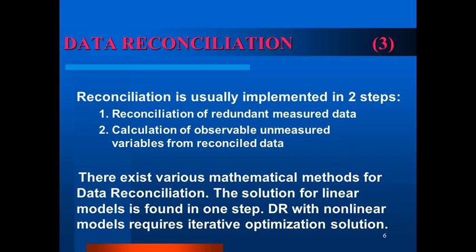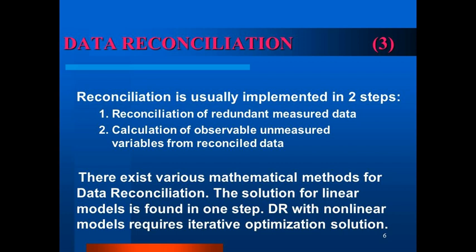In the reconciliation software the solution proper is usually done in two steps. The model is decomposed into two parts. In the first step the reconciliation of redundant measured variables is done. In the second step unmeasured variables are calculated from previously reconciled values.